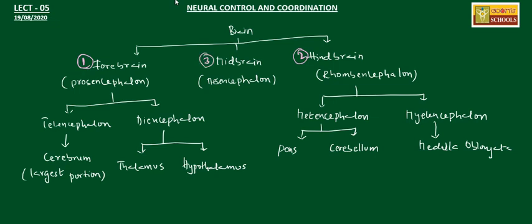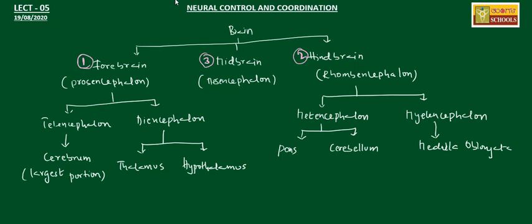So this is the order which I have given here based on the size. So forebrain occupies the most portion, then comes the hindbrain, and the smallest portion of the human brain is the midbrain.